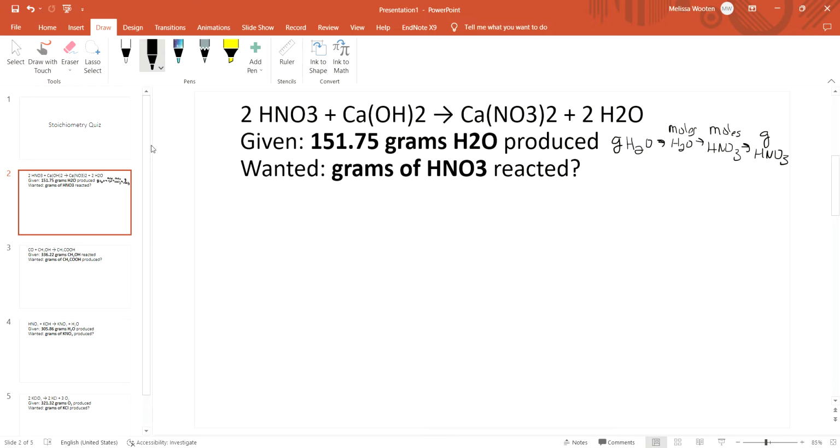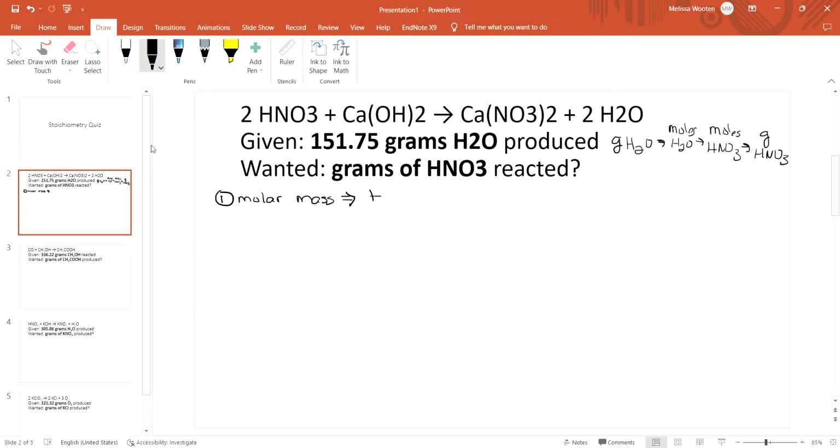First thing I like to do, I like to go ahead and find my molar masses that I'm going to need. You can do that within the problem if you want to. As we all know, I'm very good at copying things wrong and doing little calculations wrong. So I like to go step by step by step. If you are really good at typing stuff in the calculator correctly the first time, by all means, go for it. But I like to do this first because I just need to break it down more simply for myself.